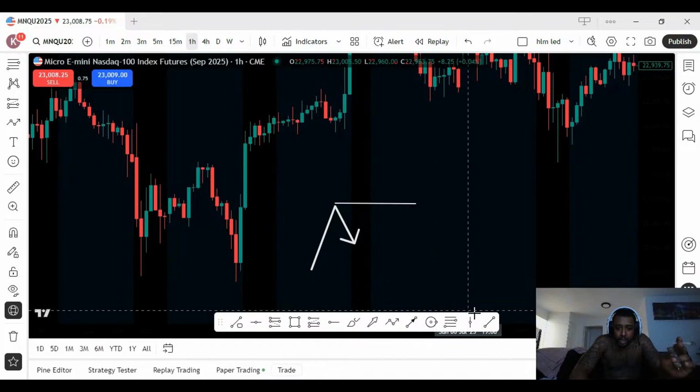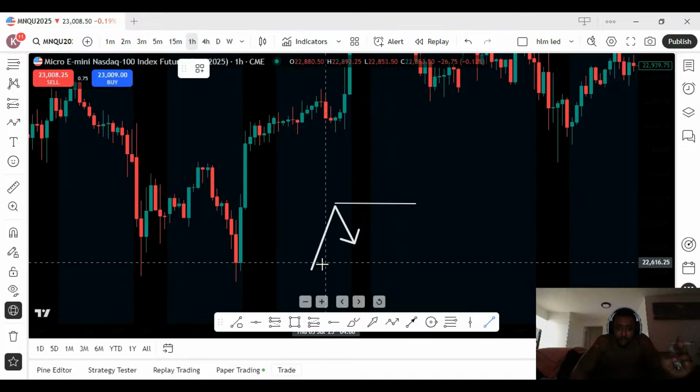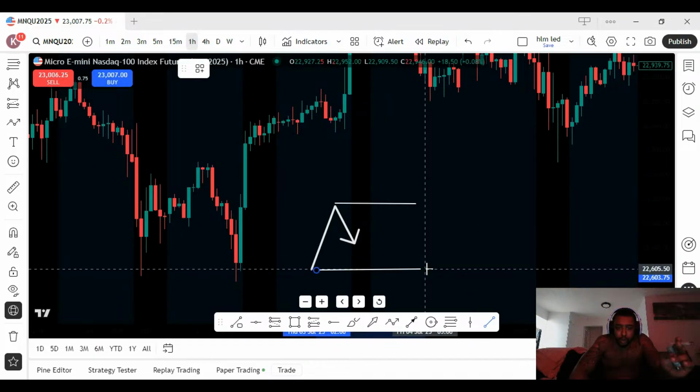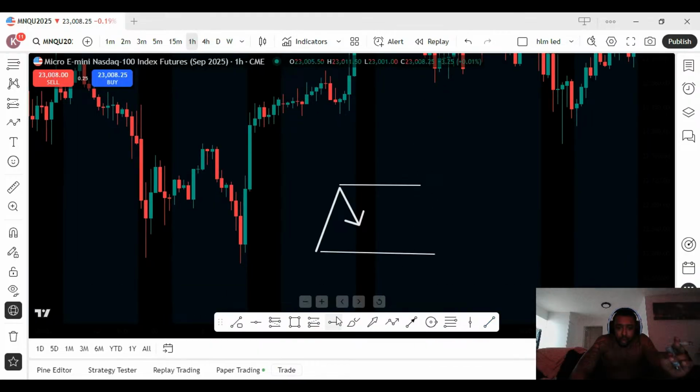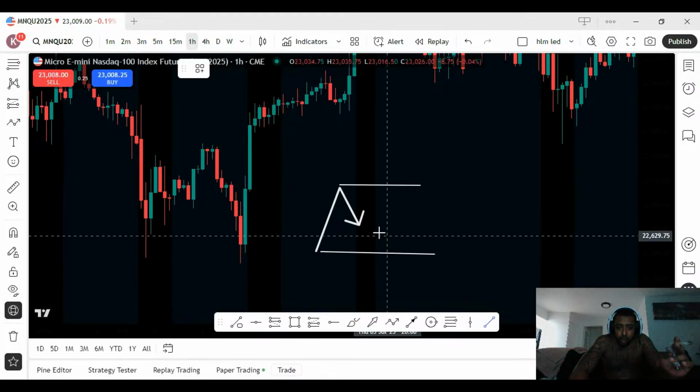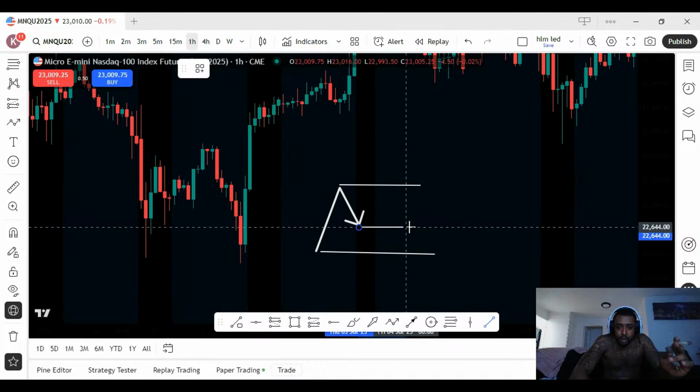The liquidity is where the highs and lows are. We have another low here, and another low right here, because it just made this.